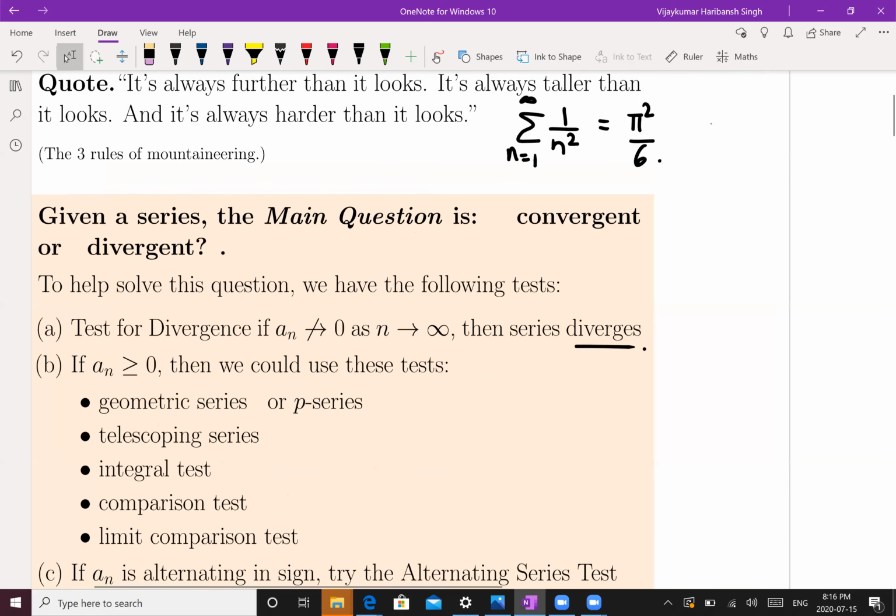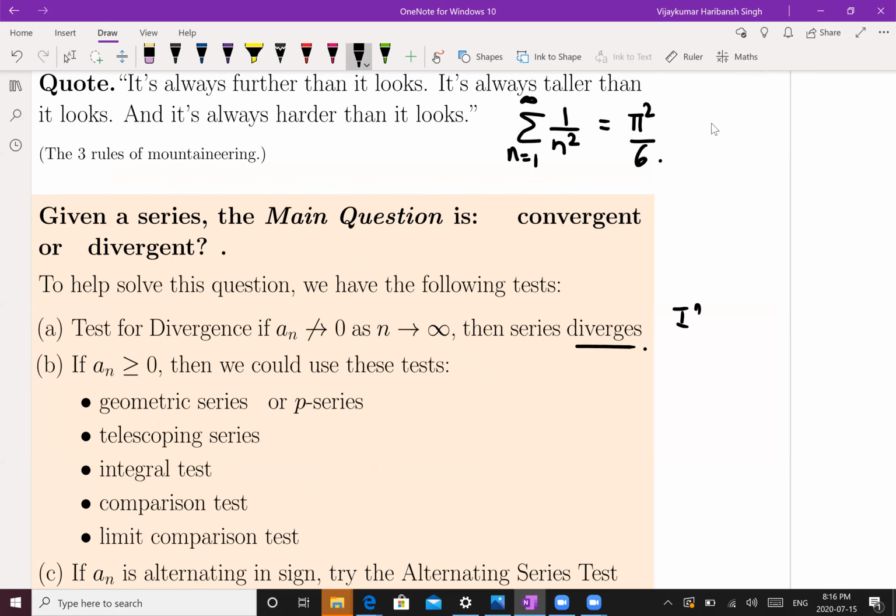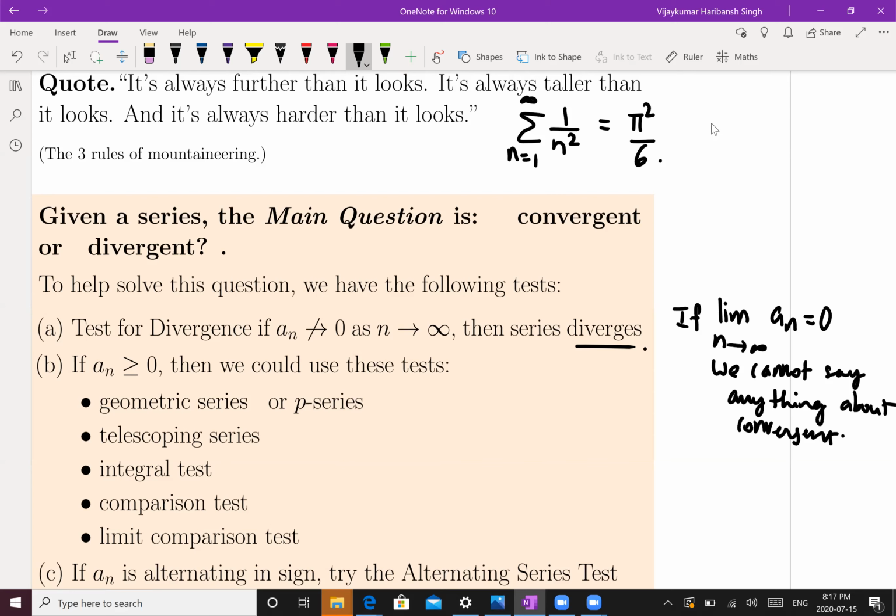However, if the limit as n goes to infinity of an is 0, we cannot say anything about convergence or divergence just by looking at it. Of course, you can perform something else and then look at it.